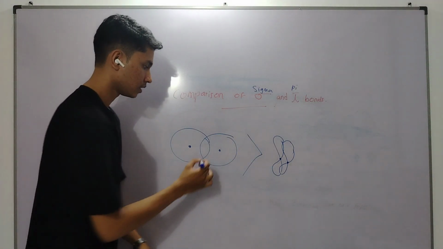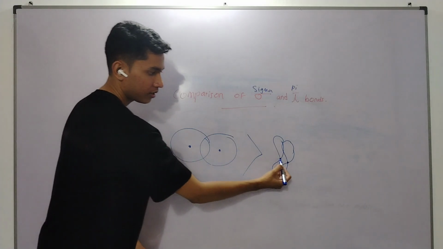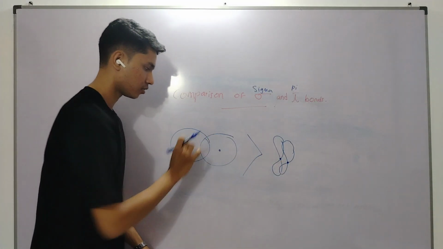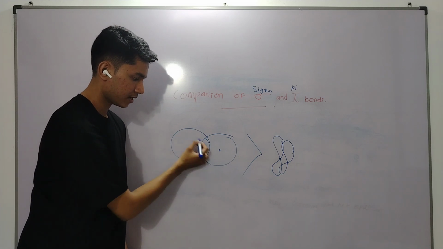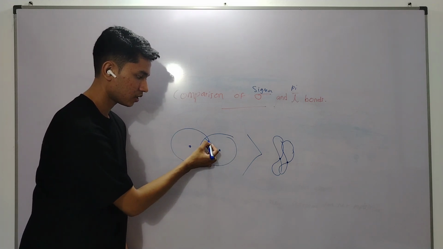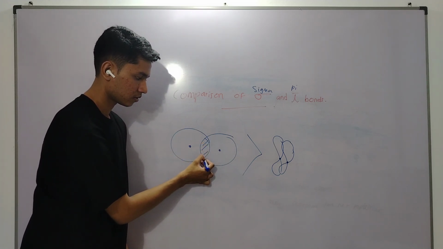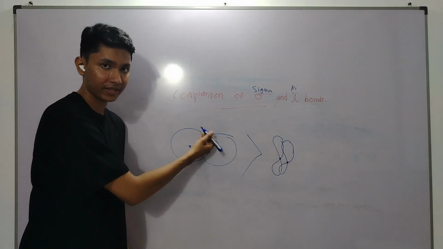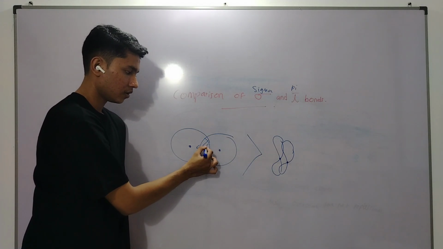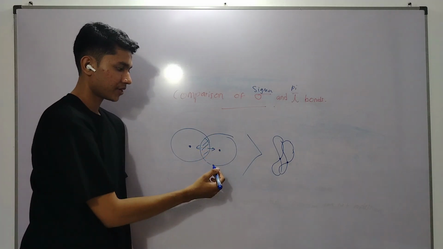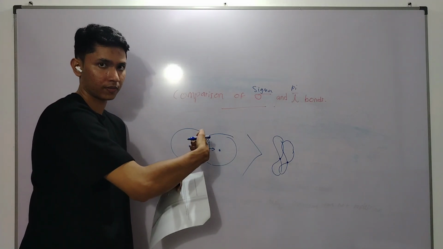Because here the nuclei of both atoms are attracted to the electron cloud, and on this side also the electron cloud is attracted by the nuclei. Therefore it is strong.